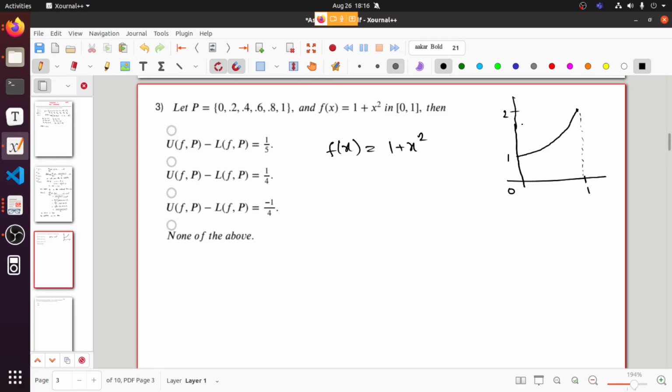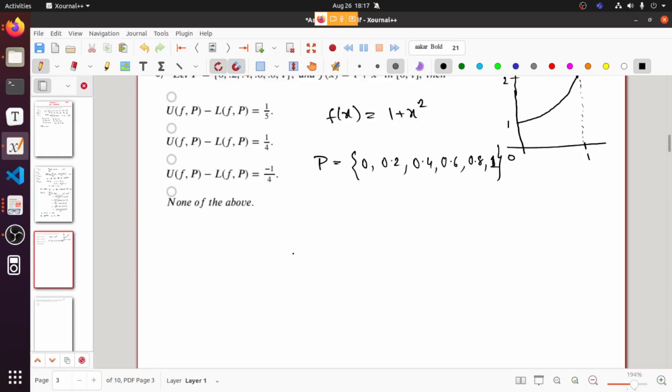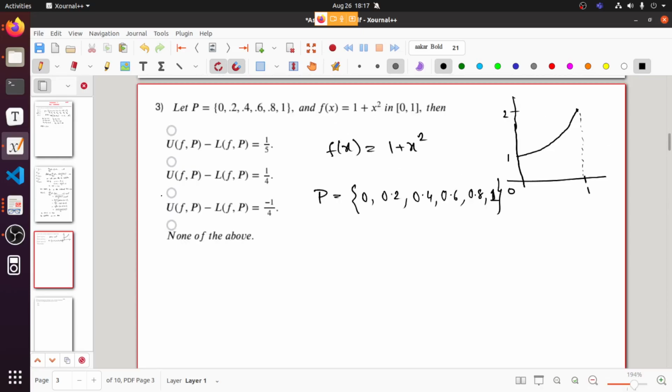So now you have to find the UPF and LPF, and the partition is given. What is the partition given? 0, 0.2, 0.4, 0.6, 0.8 and 1. This is the partition. So how to calculate the UPF? What is the definition? This is the upper sum.